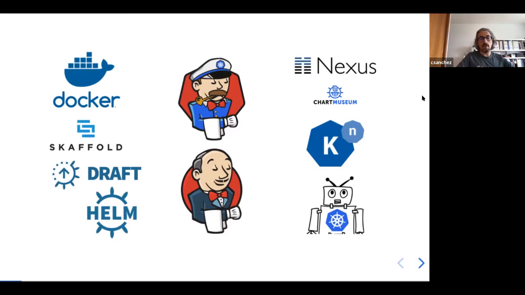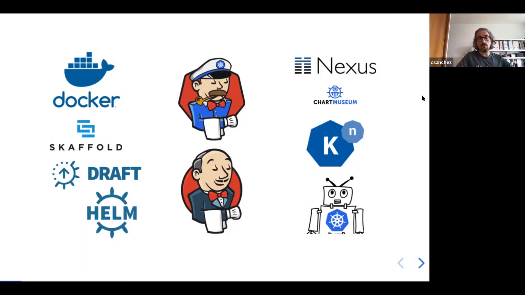And Draft allows you to import and create all these Docker images and Helm charts from your projects by detecting the code that you have in your project and deciding what type of programming language it is, and creating all this structure, Docker images and Helm charts.